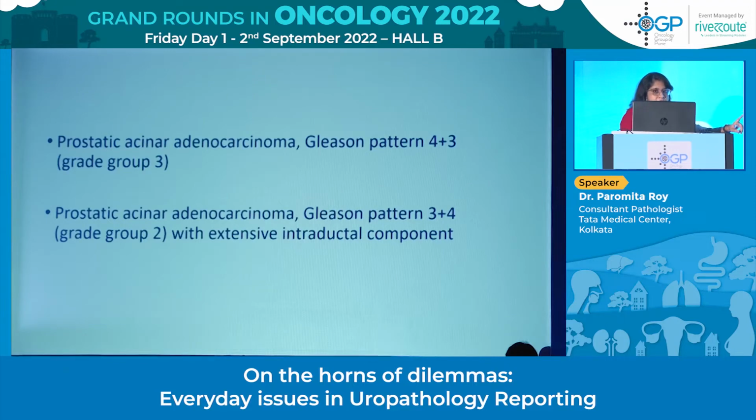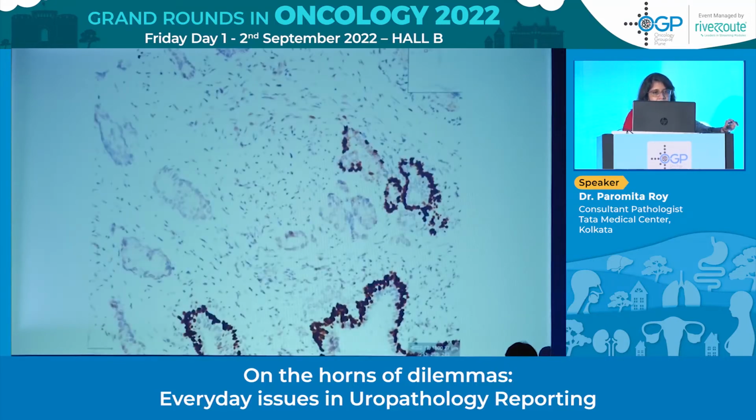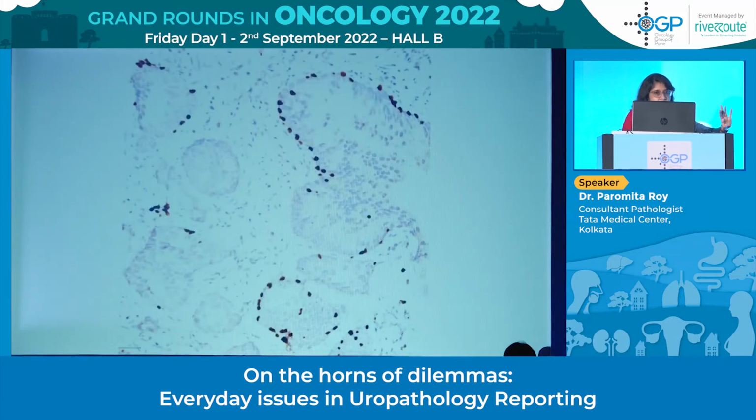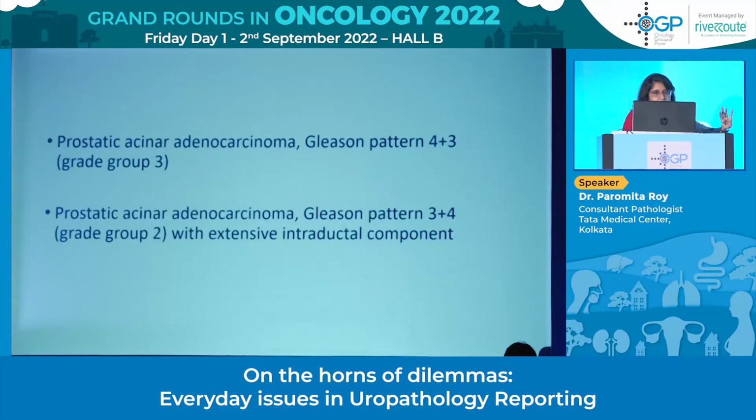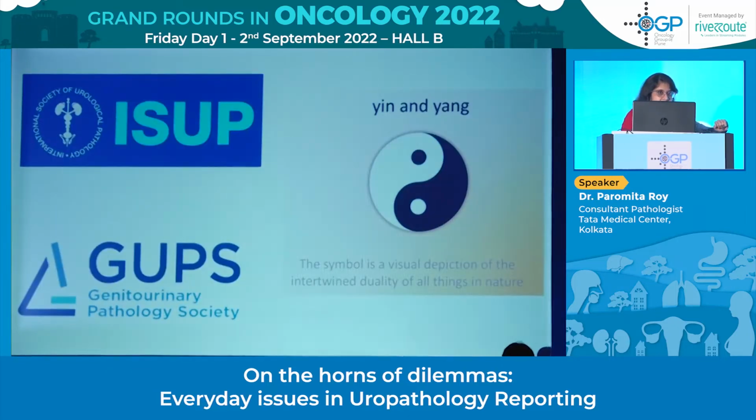We can call it prostate cancer 4+3 if we take these cribriform things to be intraductal carcinoma, which we include in the grade. And if we don't include that in the grade, we will call it focal involvement by 4 Gleason pattern, 3+4. So grade group 3 versus grade group 2 changes management.